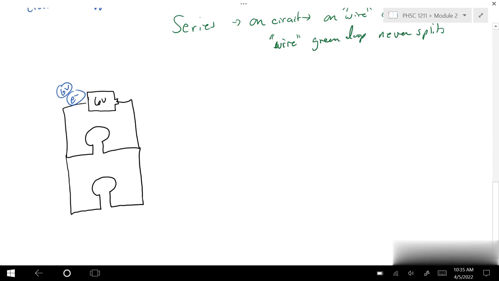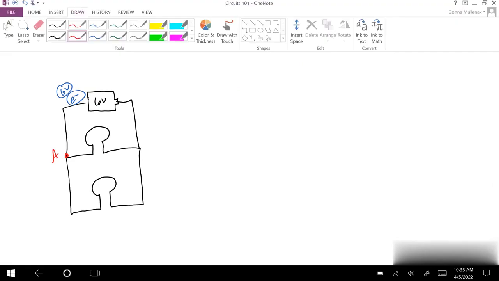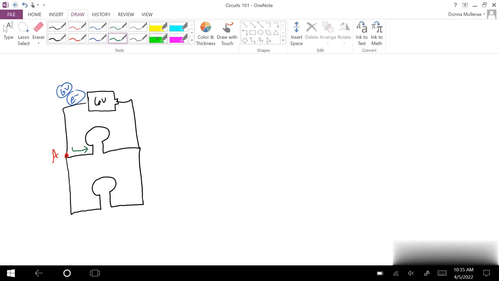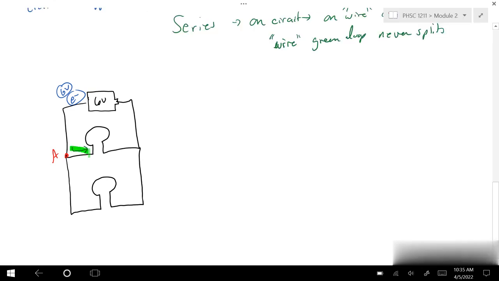Again, that potential that the electron is carrying is determined by the battery or the power source. And when it gets to point A, it has a choice. It can go to the green path, or it can go to the fuchsia path.